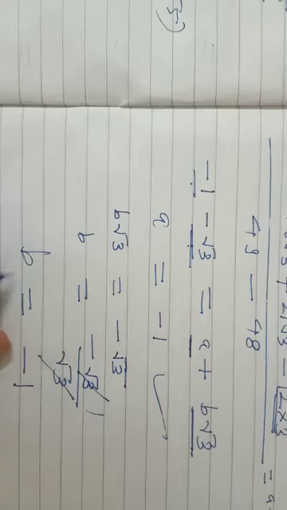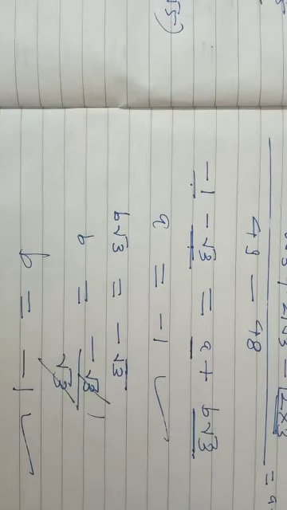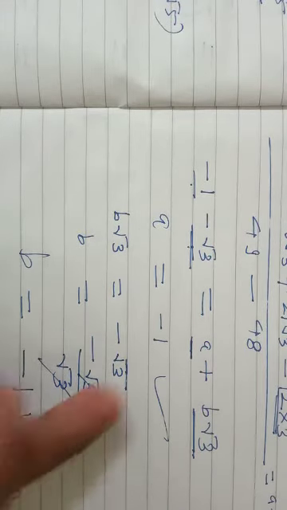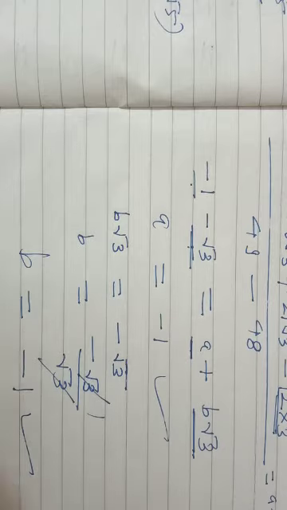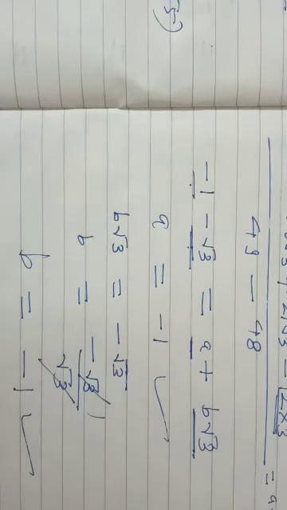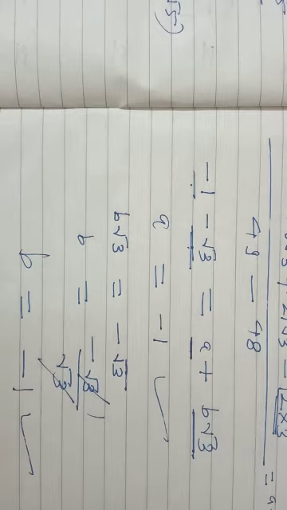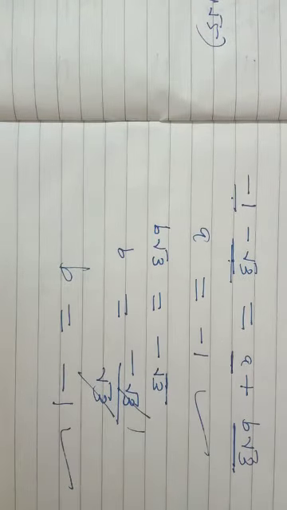So value of a is minus 1, value of b is 1, and you can see that a is a rational number, b is also a rational number. Rational numbers mean all positive integers, negative integers and zeros also are rational numbers. Okay, I think you can understand it properly.